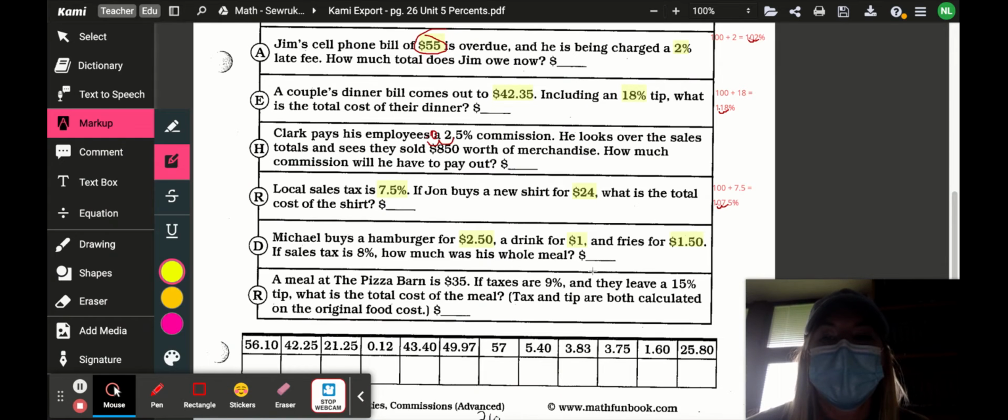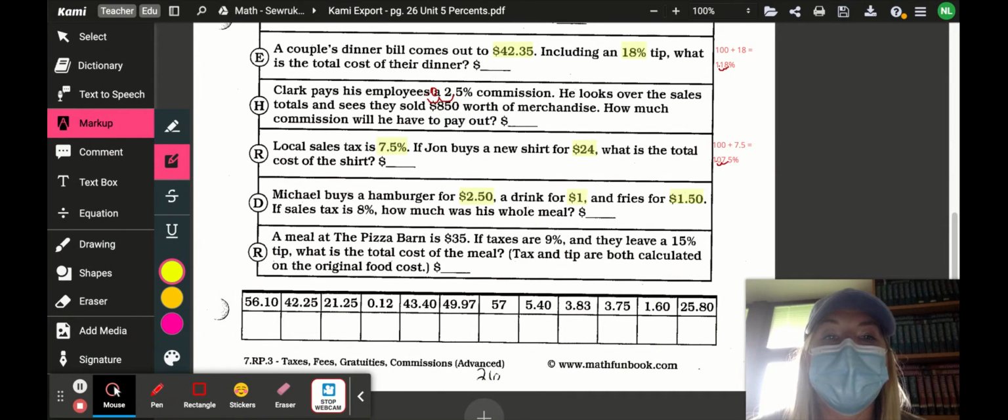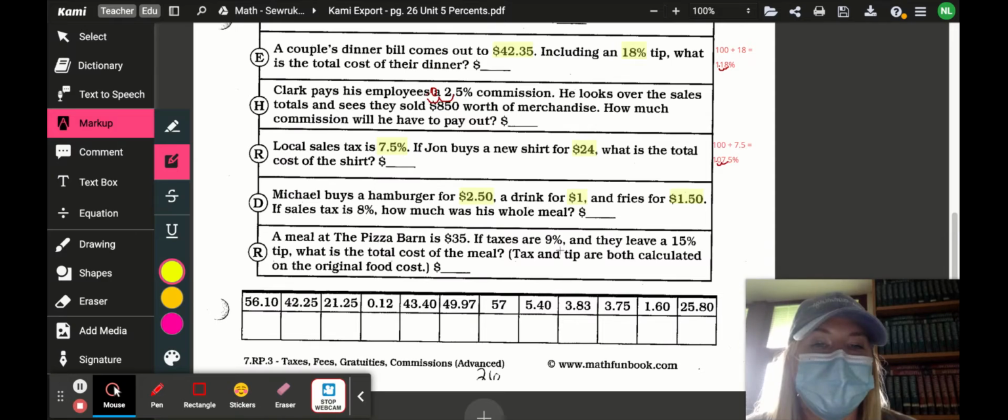All right. The last problem, a meal at the Pizza Barn is $35. If taxes are 9% and they leave a 15% tip, what is the total cost of the meal? Tax and tip are both calculated on the original food cost. So what you're going to do first is you're going to do $35, and you got to make this a decimal.